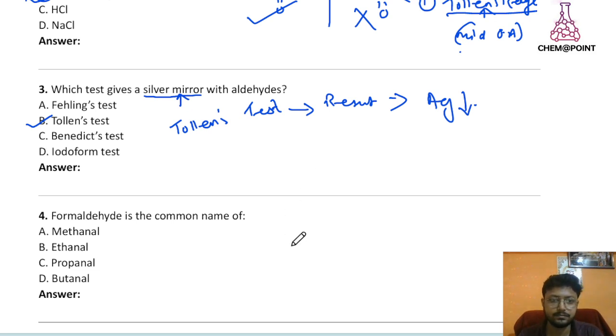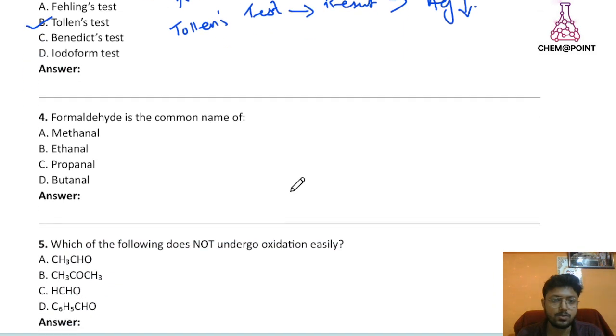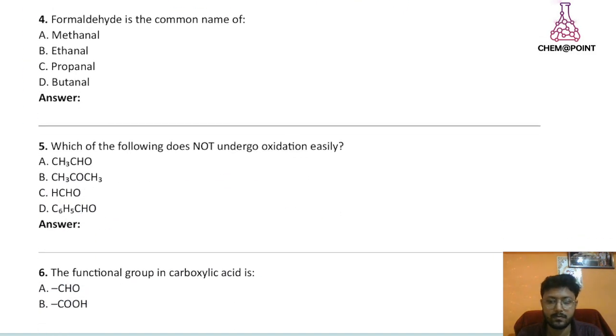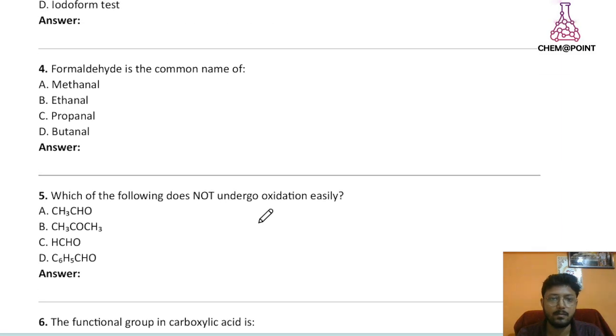Good. Now question number 4. Formaldehyde is the common name of which compound? Methanol, ethanol, propanol, butanol.